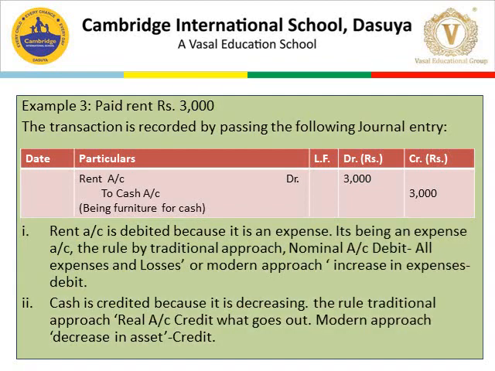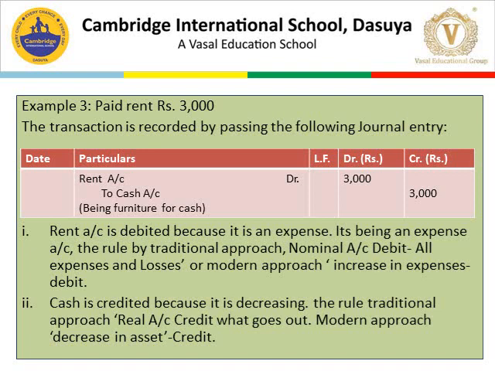Third example is paid rent rupees 3000. Now the transaction we are recording here in the journal is rent account debit to cash account. Amount is 3000. Here explanation is given. Rent account is debited because it is an expense. Rent is an expense. That is why we are debiting rent.